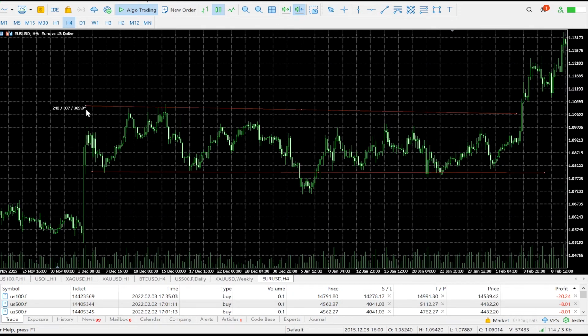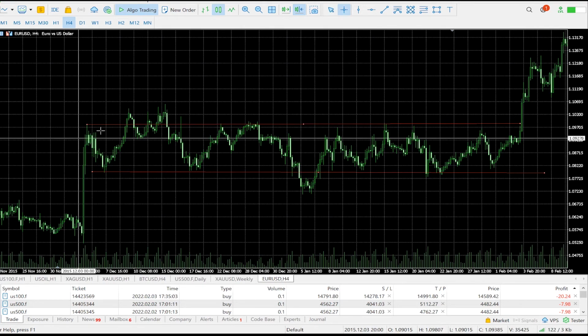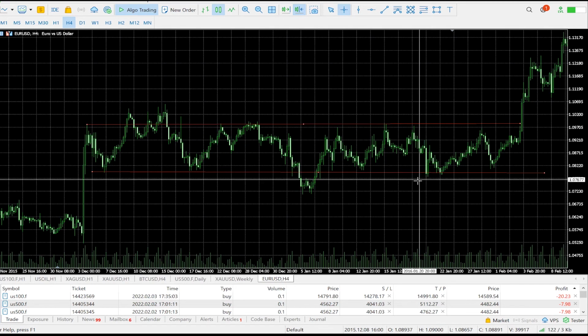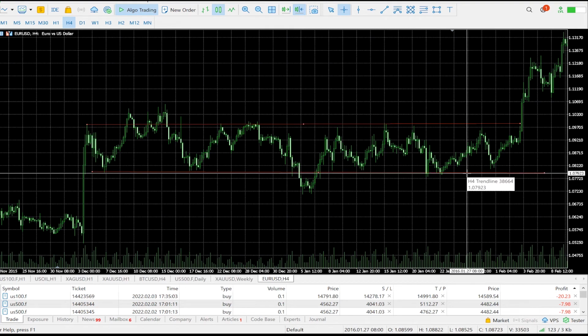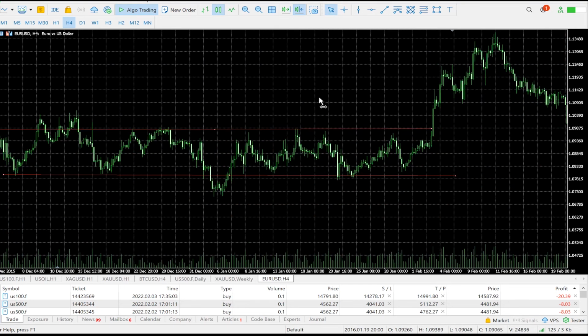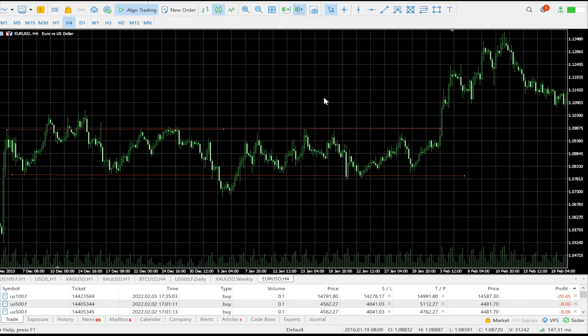So I move on. Let's talk about bilateral patterns. Bilateral patterns are a bit more tricky because they signal that price can move either way. That's why they are tricky, so that you will either break up or break down.